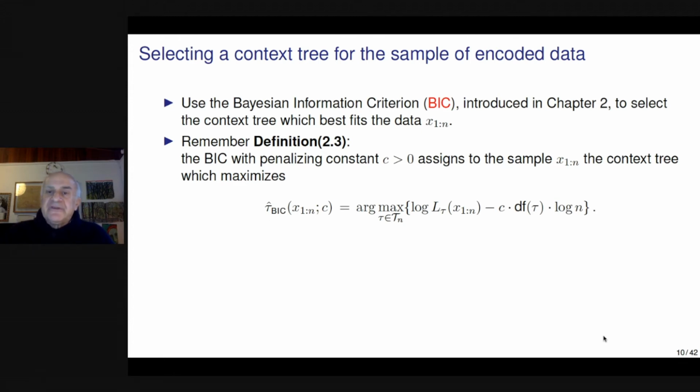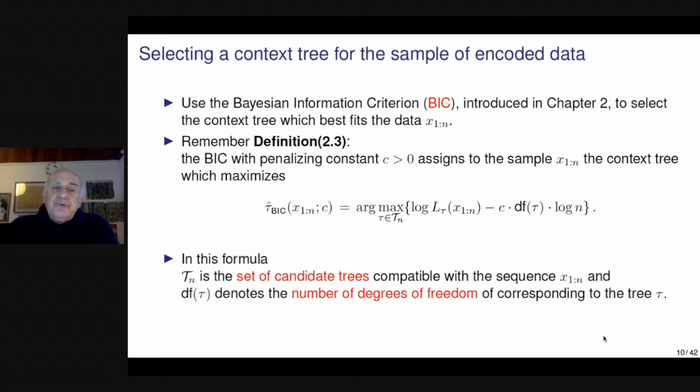And in front of this term we have the penalizing constant, which is more or less the price we must pay for every extra element we put in the model. So we look for the tree which maximizes this balance.